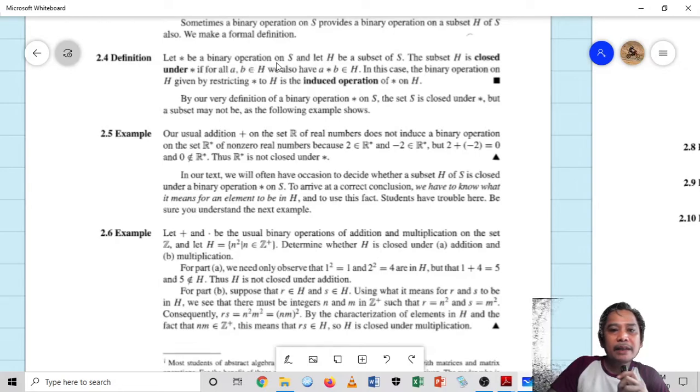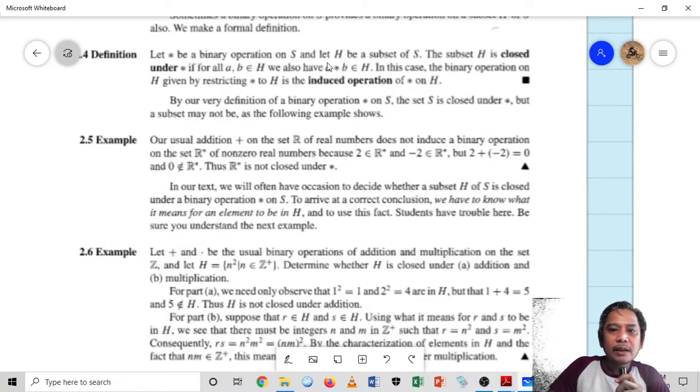Let asterisk be a binary operation on S, and let H be a subset of S. The subset H is closed under the operation asterisk if for all elements A, B in H, we also have the result A operation B in H. So the subset would be closed under the operation if the result of every ordered pair in H would still be in H. If this happens, then the operation is what we call an induced operation.